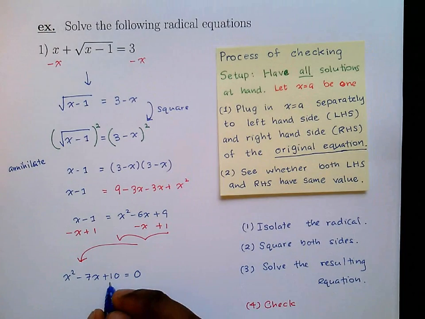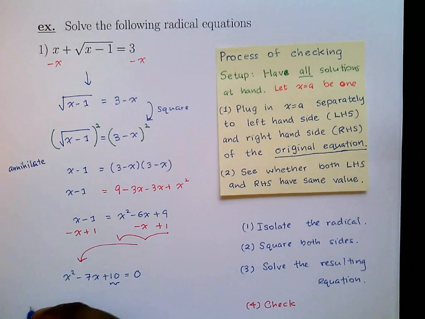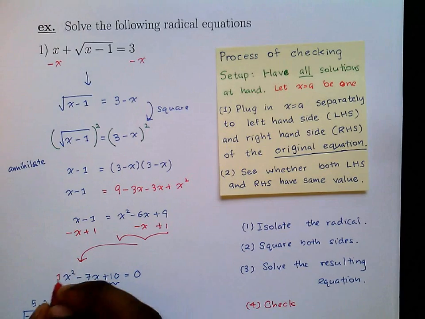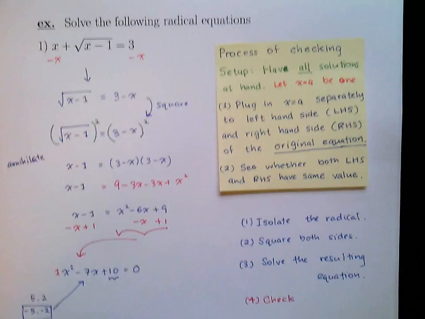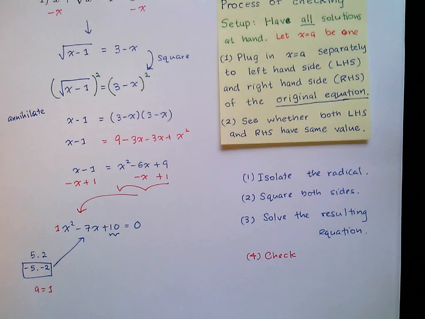And let's find the factors of 1 times 10, that is 5 and 2, and negative 5 and negative 2. This adds to negative 7. So a equals 1, so you can use the shortcut.